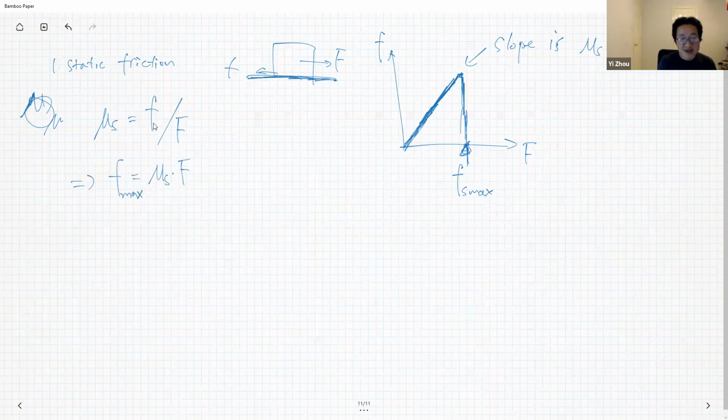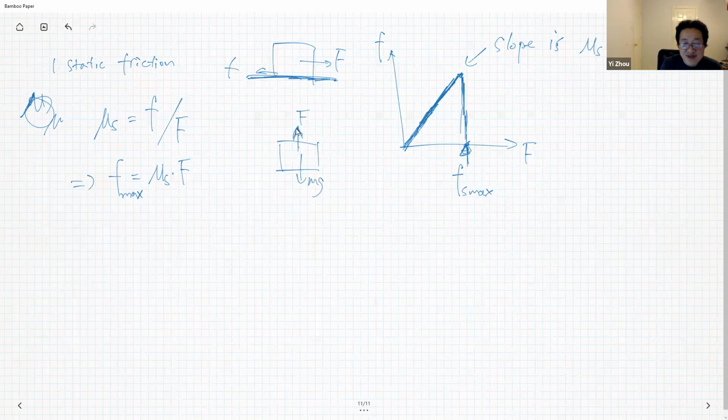Before the max, the friction is always equal to the force, because if you only apply a little force, this object will not move to the left, right? Because the friction is only used to balance the force. It's similar to the normal force and gravity. The normal force depends on how much force you apply trying to lift.